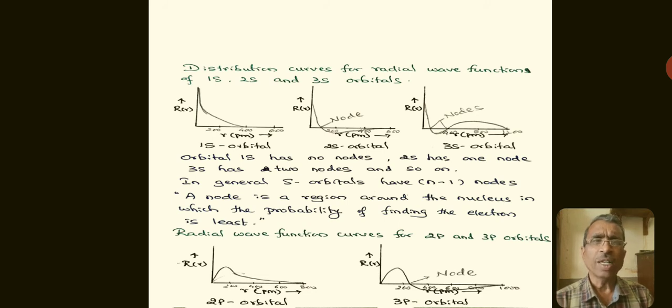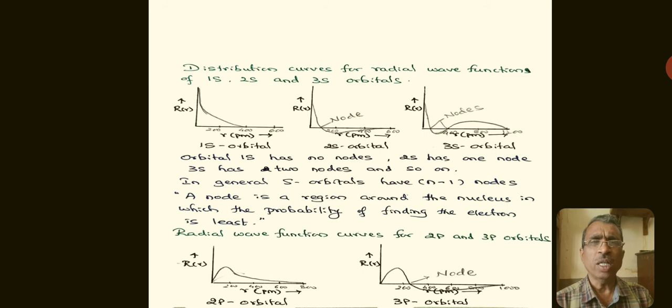Coming to the distribution curves for radial wave functions of 1s, 2s and 3s orbitals. When we plot the graph of the radial function versus distance from the nucleus in picometer, we get a line.